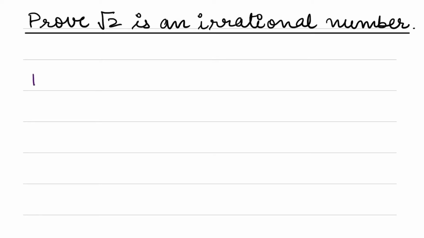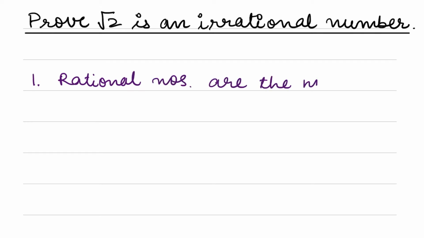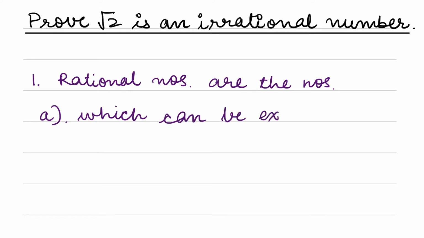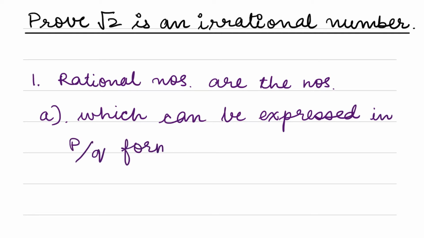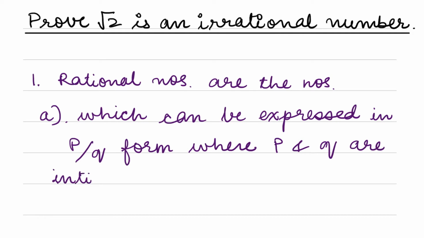So we can say rational numbers are the numbers, first thing, which can be expressed in P by Q form, where P and Q are integers and Q is not equal to 0.